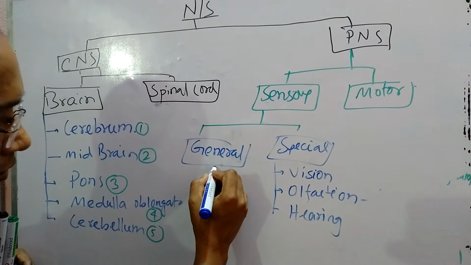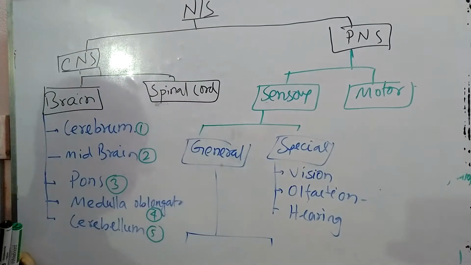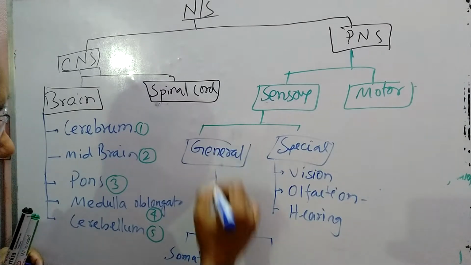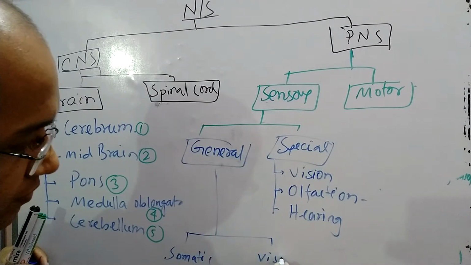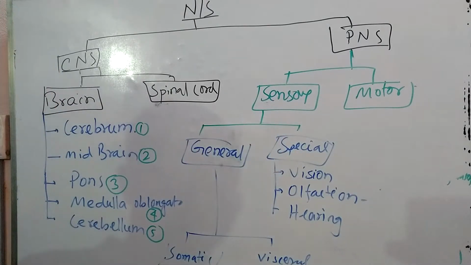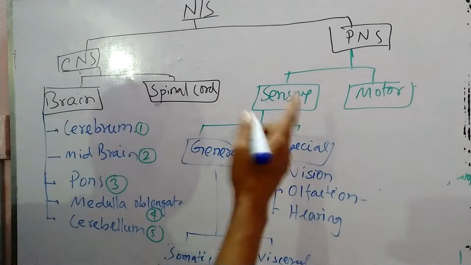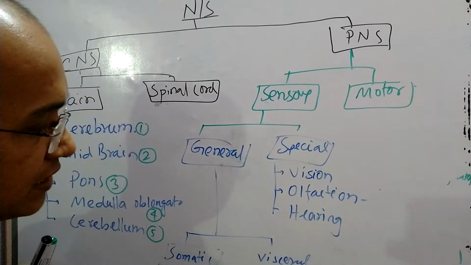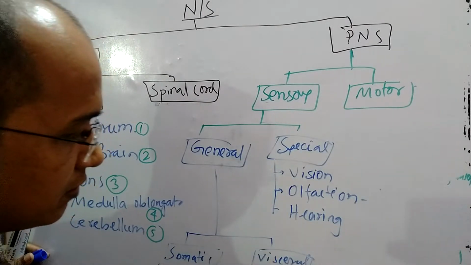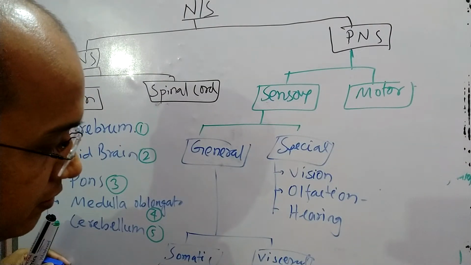The general sensation can be divided again into two groups. Number one, general somatic. Number two, general visceral. The general sensation coming from soma, that means from body, is called general somatic sensation. And general visceral sensation means the sensation coming from viscera, like GI tract, abdominal viscera, such as pain.